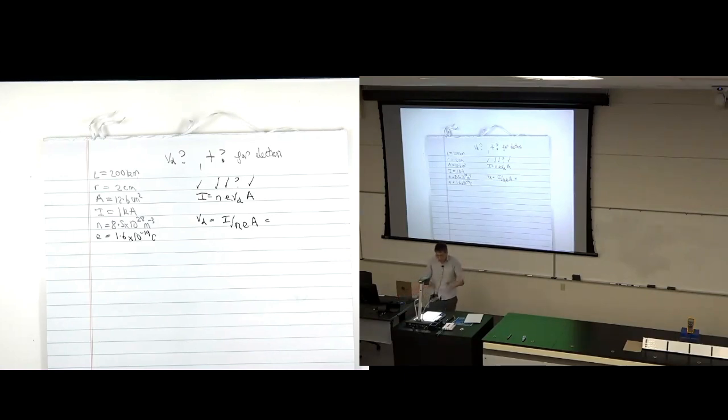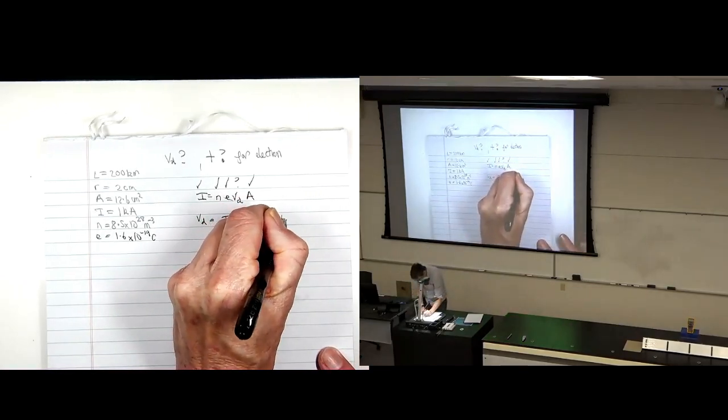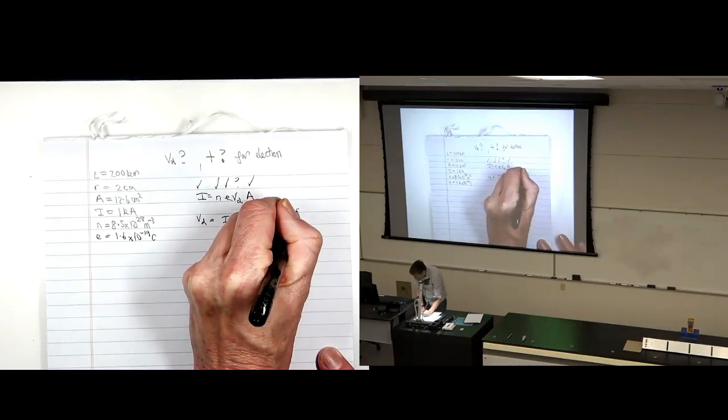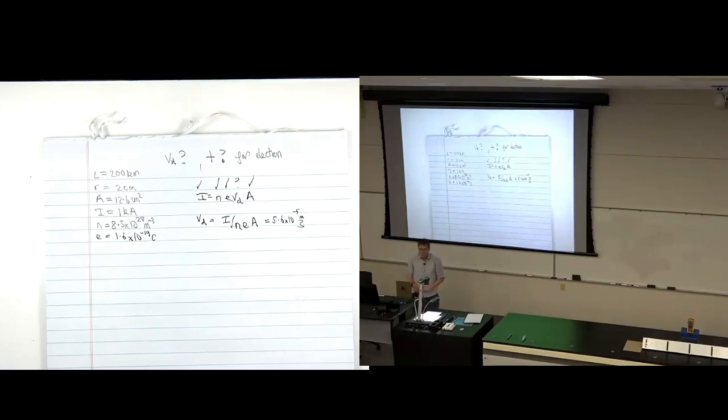The kiloamps, you've got to fill it in amps, not kiloamps, so it's going to be 1,000 amps. So you've got to be careful about all those things. But if you do this, I get a speed of 5.6 times 10 to the minus 5 meters per second.